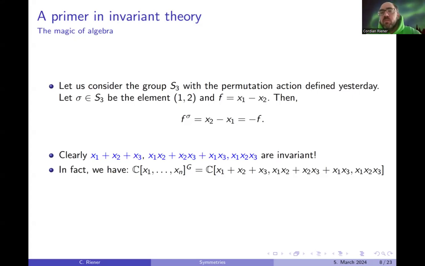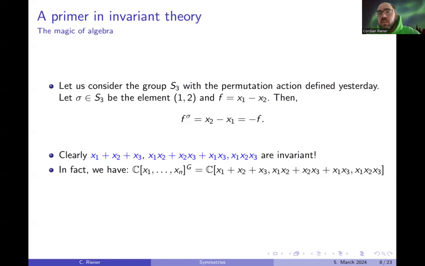If I change, for example, in my example above, 1 and 2 in my set, I also change the indices of the variables accordingly. So x1 is mapped to x2, and x2 is mapped to x1. So x1 minus x2 is mapped to x2 minus x1.